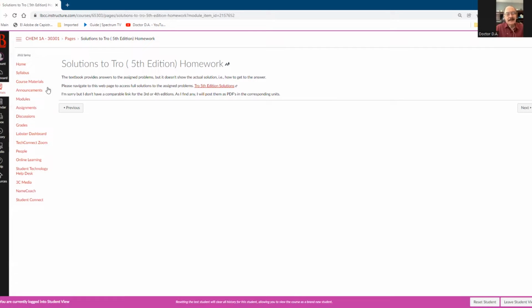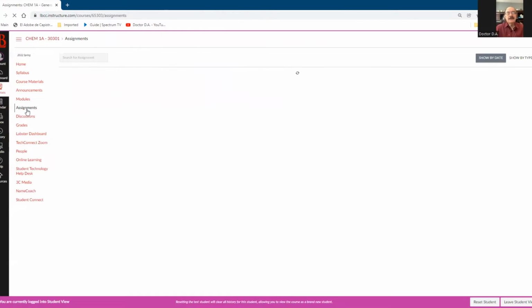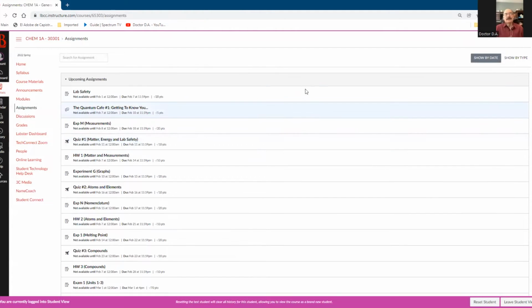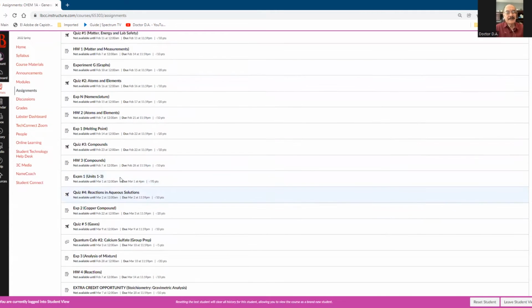So here on the left again, in the course navigation bar, there is a tab called Assignments. And I'm going to click that right now to show you the 2 ways in which these are organized. So in your default mode, what you're going to see here is your upcoming assignments.